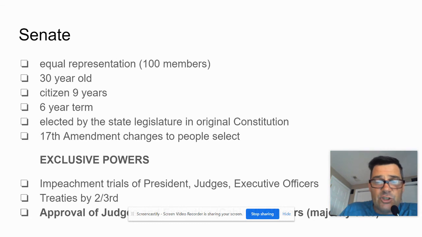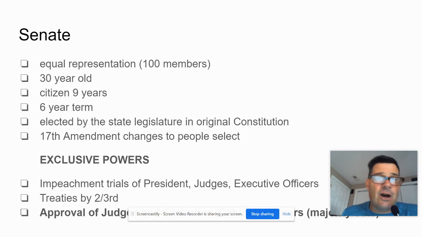The approval of judges and executive officers, which means cabinet members, is a majority vote. So just a simple majority, 51 to 49, and boom, they are approved. So approval of judges and executive officers, who are cabinet members, is just by a majority vote.